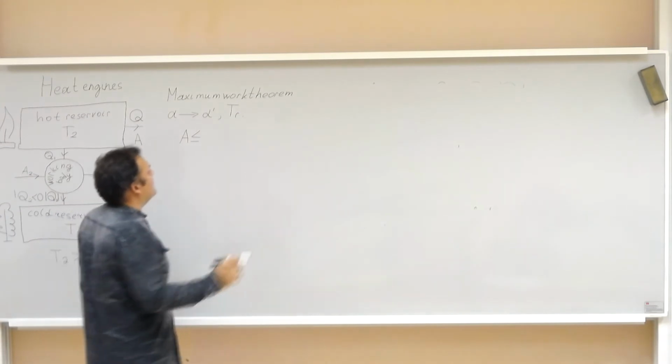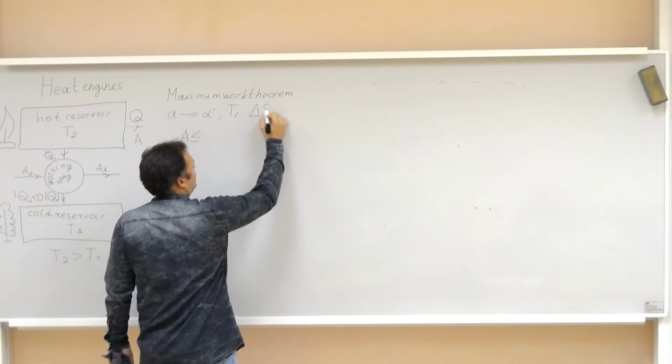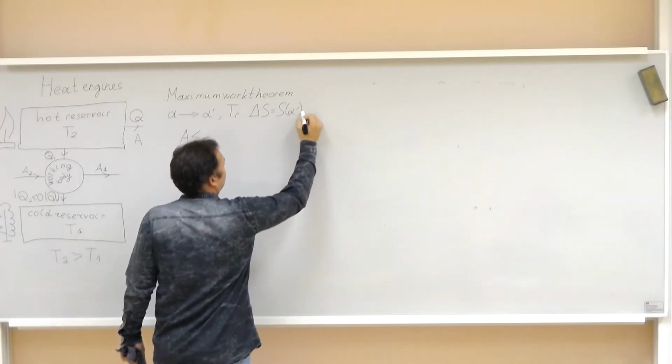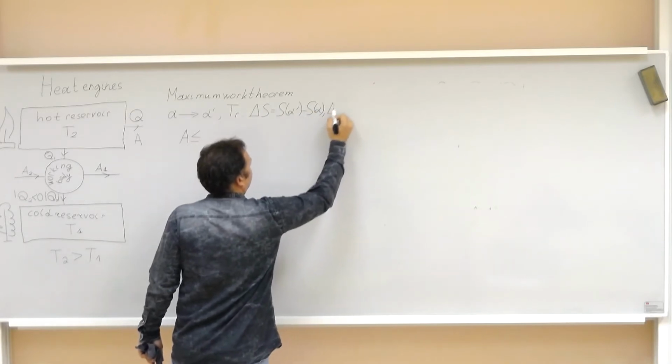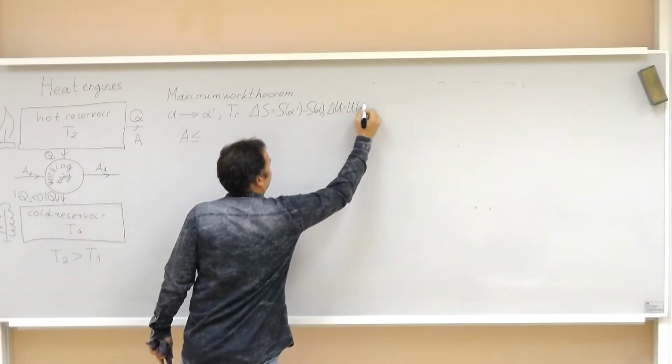Let us assume that delta S is the change of entropy of the system, and delta U is the change of internal energy of the system.